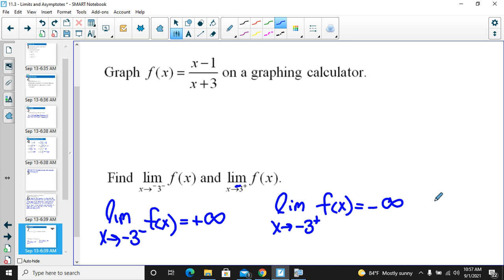Doesn't exist. Yeah. And it wouldn't even matter if they were both going to positive infinity or both going to negative infinity. You still say the overall limit doesn't exist because it increases or decreases without bound. Fair enough. I know that's a little strange to think of it that way, but it actually helps us to determine whether it's going to positive infinity or negative infinity. Okay.